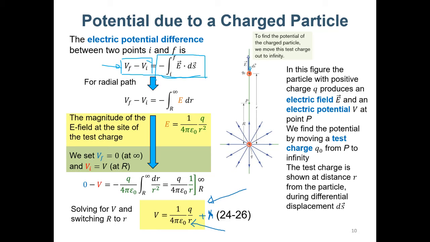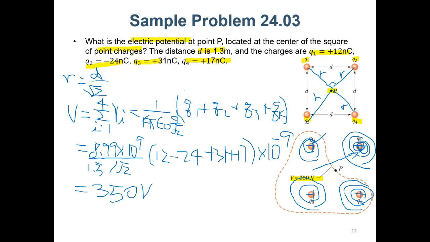You can imagine the potential is a line integration of the E field, so the E field should be some sort of derivative or differentiation of the electric potential.